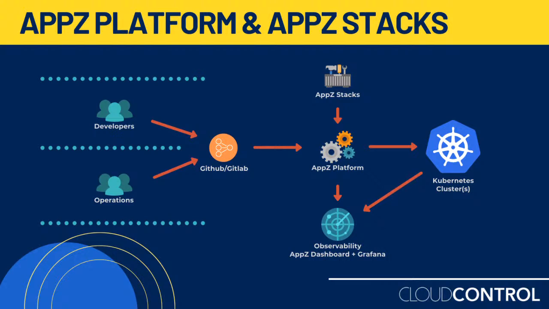We are demonstrating GitHub today, but we have integration capability with GitHub, GitLab, Bitbucket, Azure DevOps, and AWS CodeCommit. These are the 5 prominent source control systems out there, and we have integration capability for all of them.